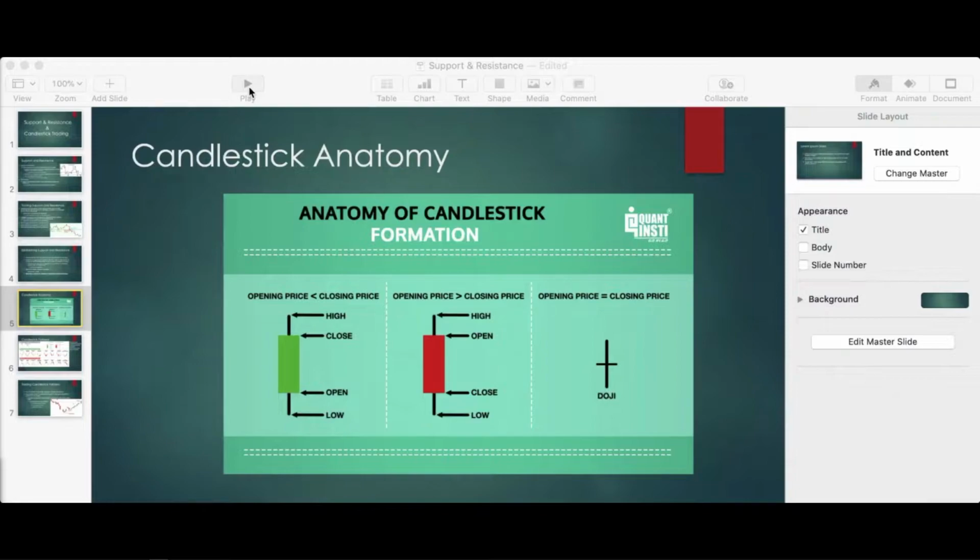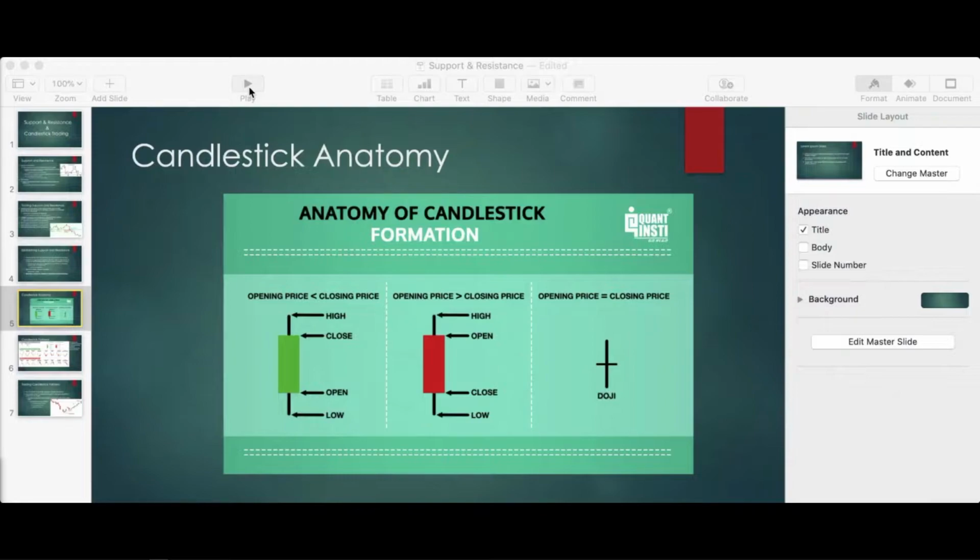That's how the top wick is formed. It's basically the exact opposite for a red candle. The open is at the top of the candlestick and the close is at the bottom of the body. Same thing with the wicks: the top wick is where price got to its highest point, and the bottom wick is the lowest point price got to.